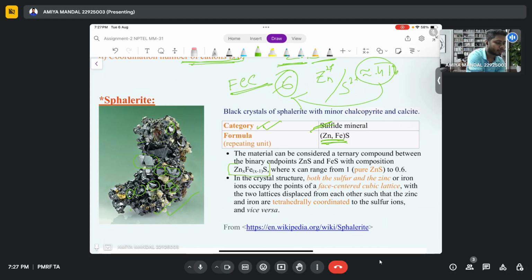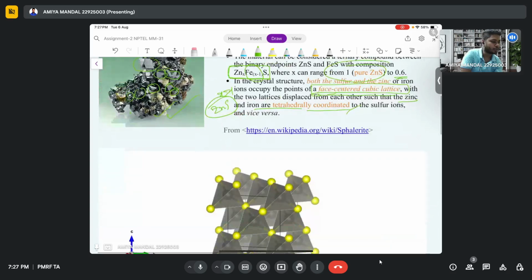The general formula is ZnxFe(1-x)S, and x ranges from 1 to 0.6. When x is 1, Fe is 0, so ZnS will be there, occupying the face-centered cubic lattice positions, for x equal to 1 for pure ZnS, with two lattices displaced from each other such that zinc and sulfur are tetrahedrally oriented. How they are oriented, we will see now.